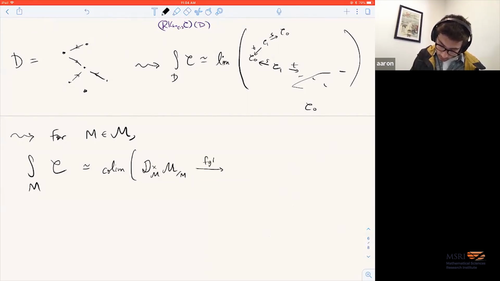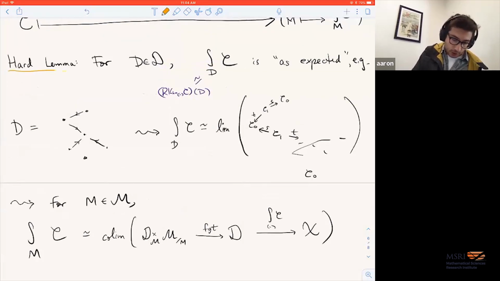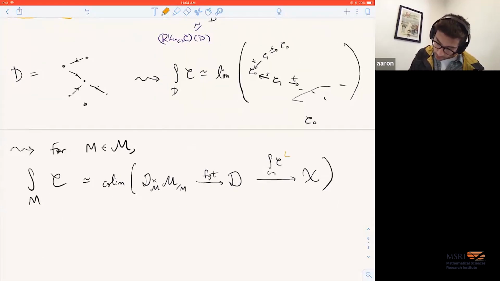And then you forget the map to M and you apply this functor of factorization homology just defined on D into X. So up above here, this hard lemma helps us describe this functor.